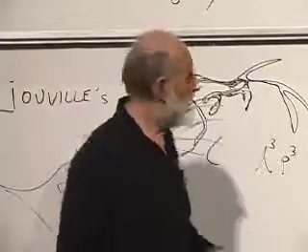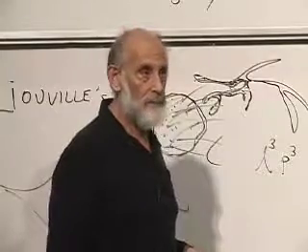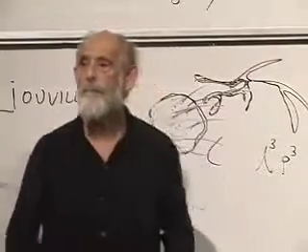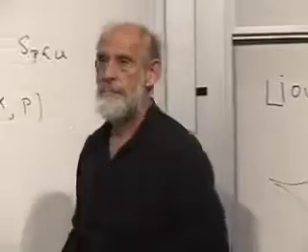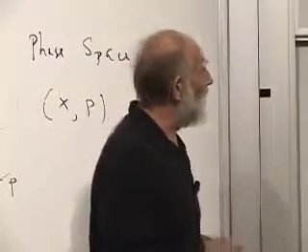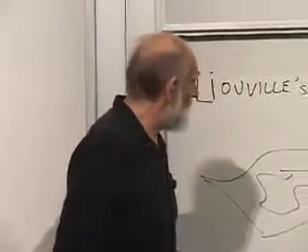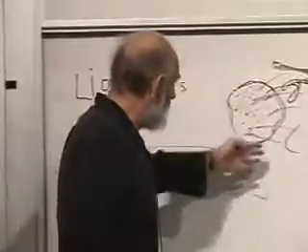The volume of this will be exactly the same as the volume of that. In the case of the harmonic oscillator, the ellipse just stays the same. But don't you need an infinite number of points to show that there's a volume?